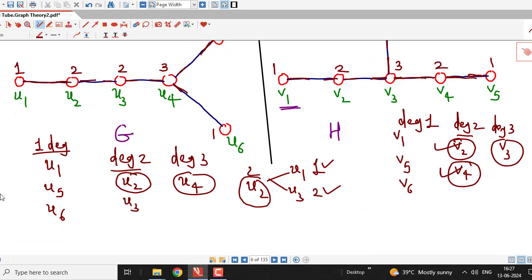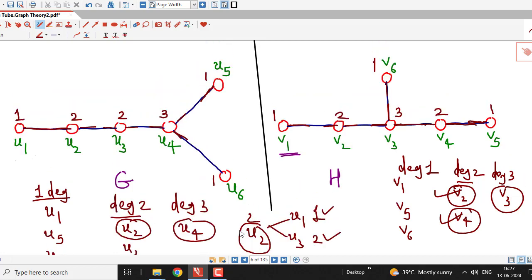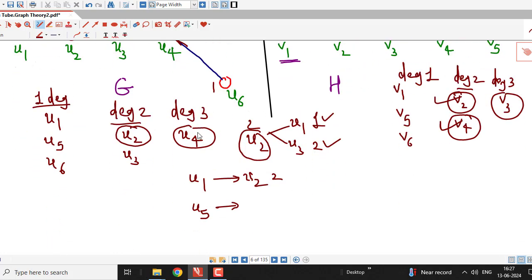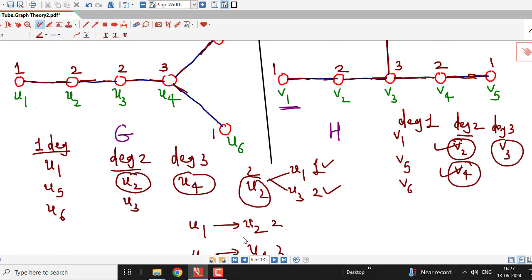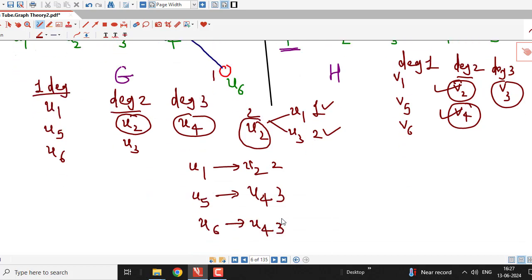We can check for vertices of degree 1 also. Here we can see that u1 is a vertex of degree 1 and u1 is adjacent with u2 only. u1 is adjacent with u2, and what is degree of u2? It is 2. Then u5 is adjacent with u4 and degree of u4 is 3, and u6 is also adjacent with u4 and degree of u4 is 3.